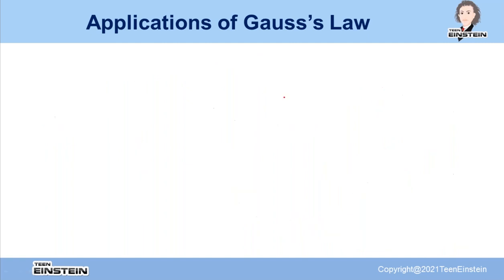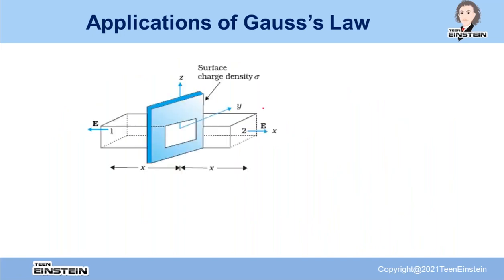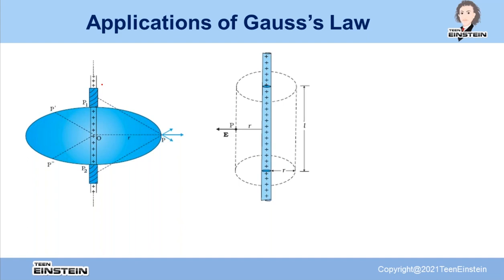So now we'll see. We have to find out the electric field for an infinitely long wire. That's why they have given the dots. Both sides, it can go up to infinity. Now we have to find out the electric field for this.